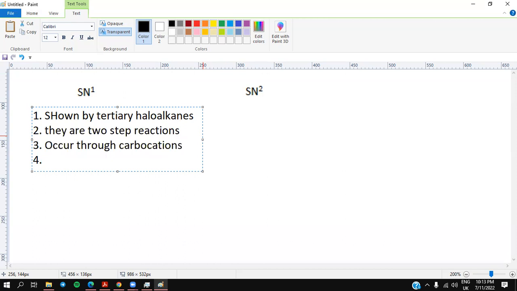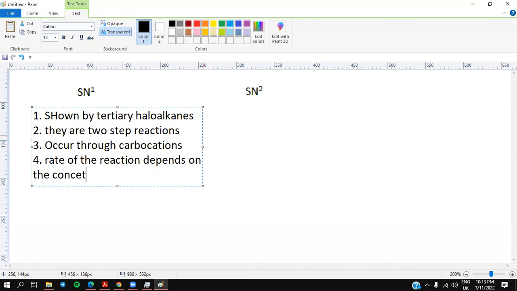Fourth one, rate of the reaction depends on the concentration of the halogenoalkane.